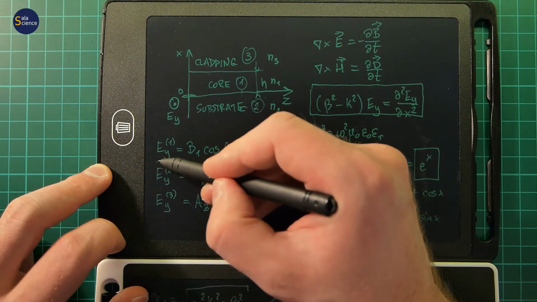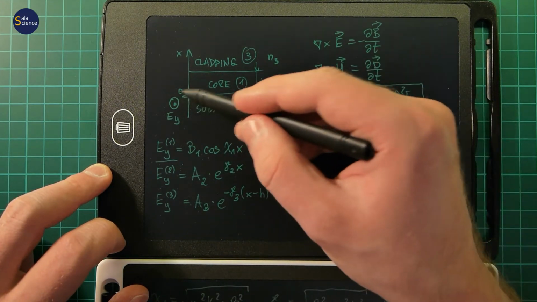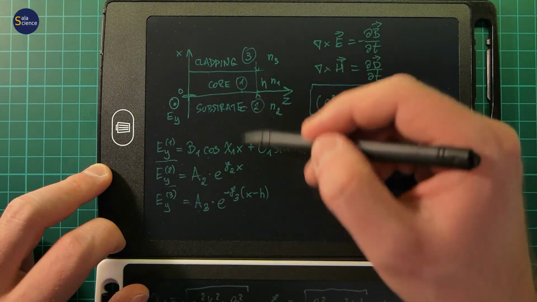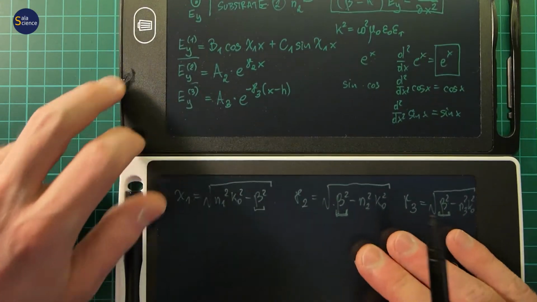So E_y in the first region for x equal to 0 must be equal to E_y in the second region for x equal to 0. So let's put it down.